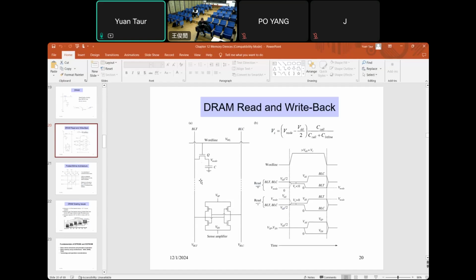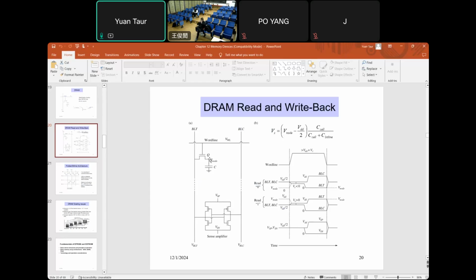But if the left side is VDD, and you want the V node to be VDD, but the word line only goes to VDD, it will not make that happen, because the node can only go to VDD minus VT, because then the right side, the node, is the source.